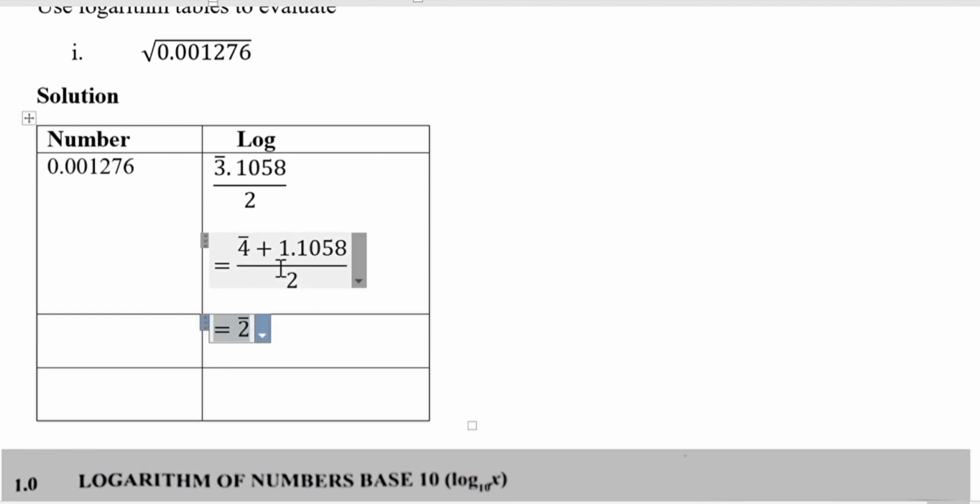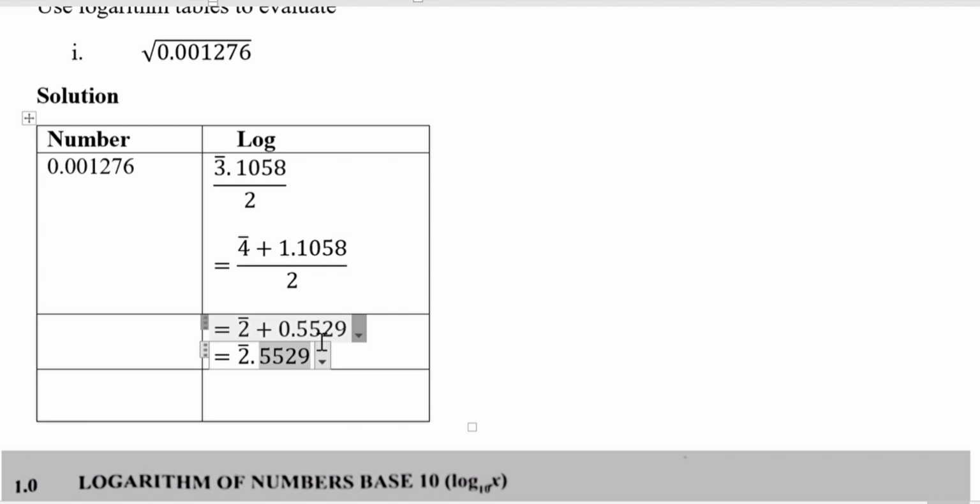And then plus 1.1058 divided by 2 gives us 0.5529. So this is the characteristic, which is negative 2 or bar 2. And then there is the mantissa, which is 0.5529. Now when we join them as we usually do, the number will now be bar 2.5529.